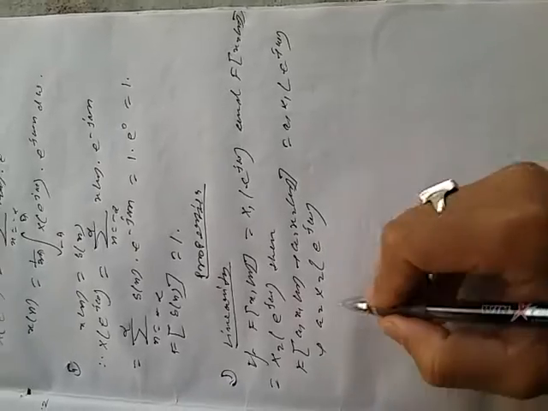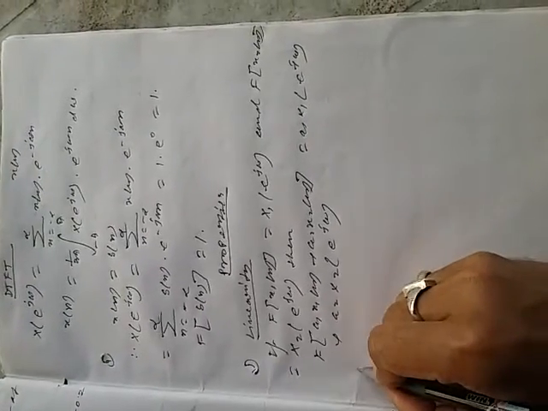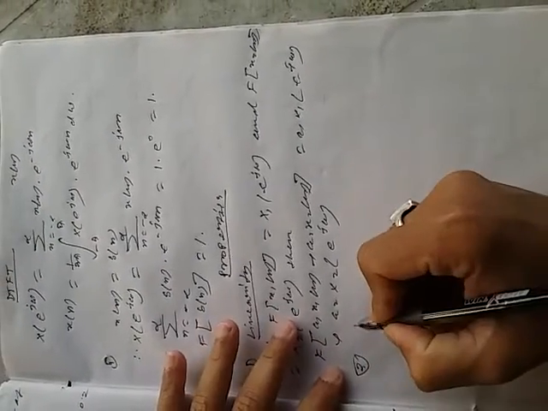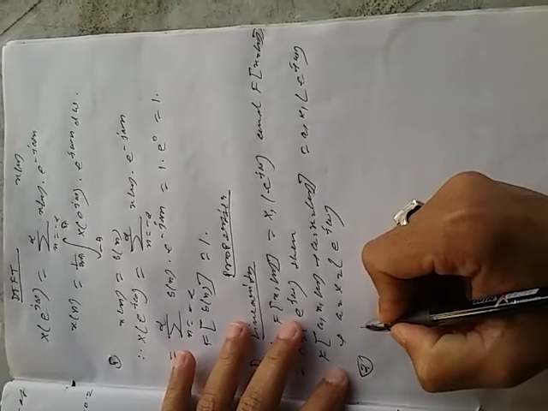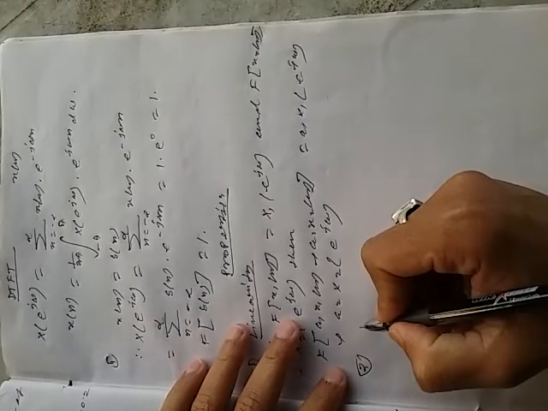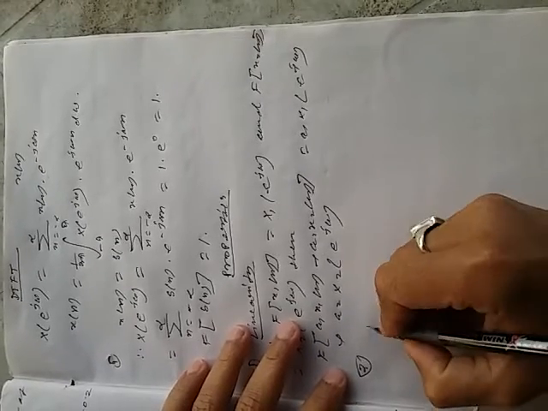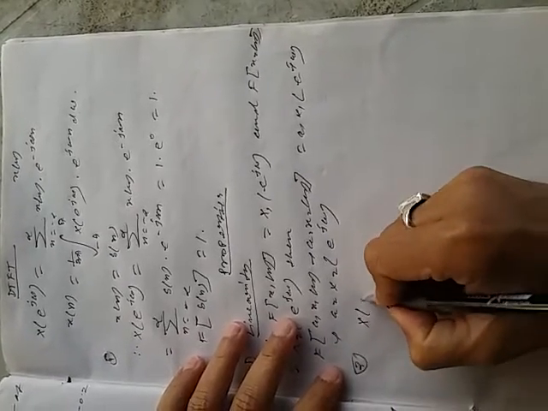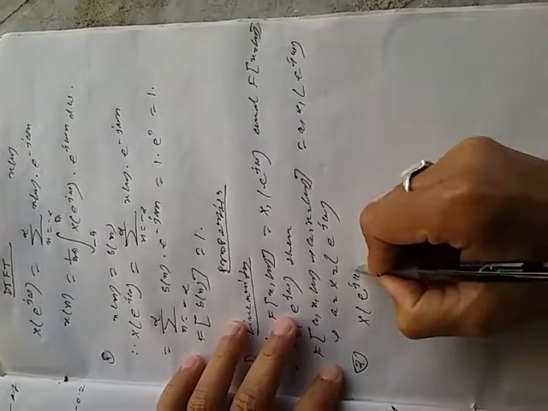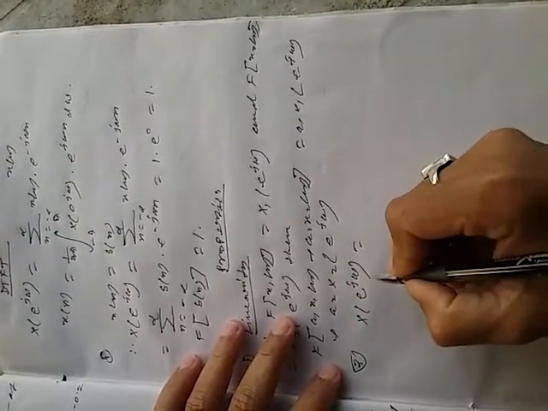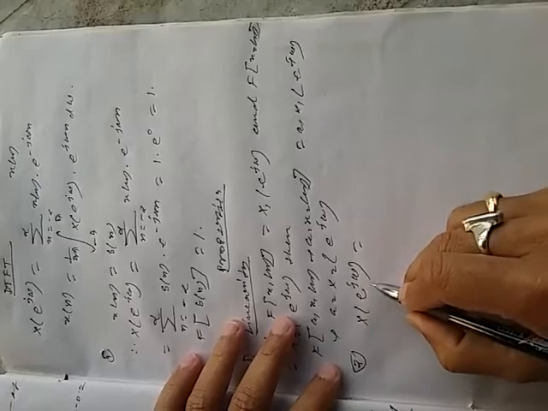Now the periodicity property. Since we know e to the power j omega is a combination of sine function and cos function, and sine and cos both are periodic functions, X of e to the power j omega is also a periodic function, right? Because it contains e to the power j omega.